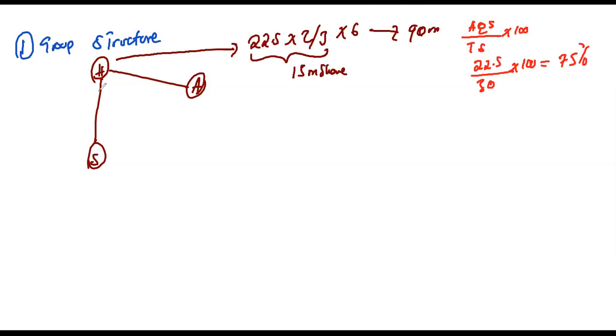That means you know that this guy is a 75% subsidiary, which means the NCI is 25%.